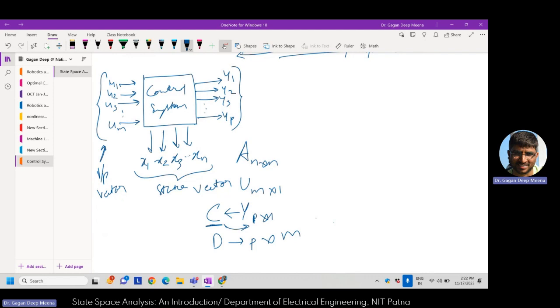All of these equations can be further written in the matrix form. But before that, let's see a more simplified version of this particular diagram.